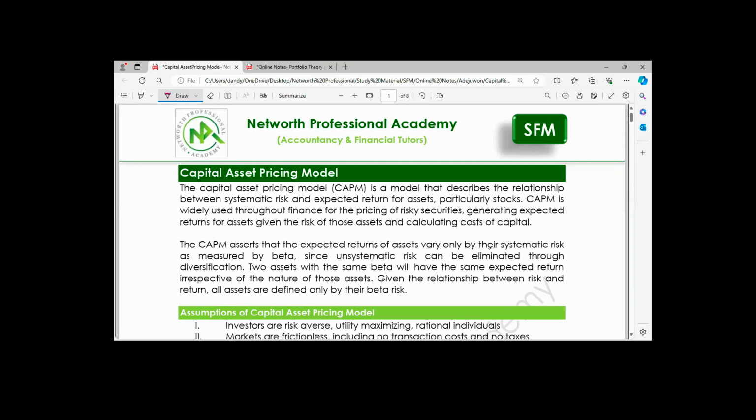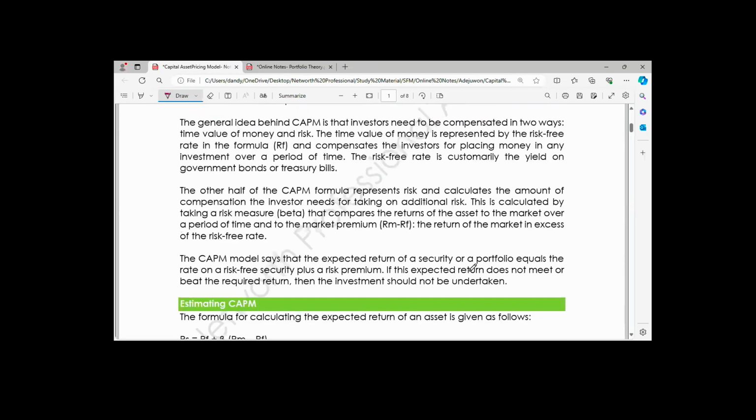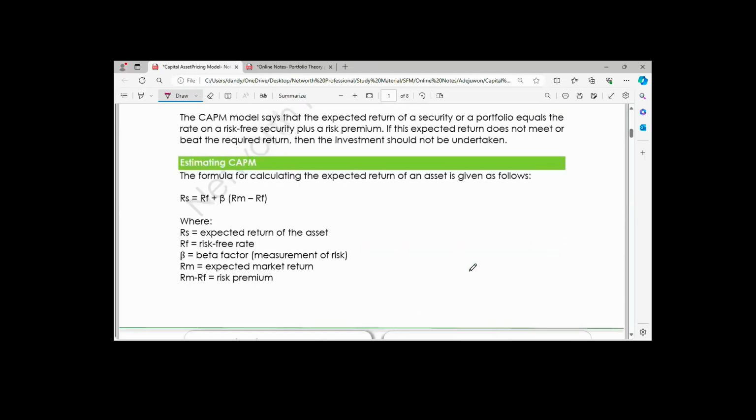How do you calculate the capital asset pricing model? You already know the formula because we have done it severally under cost of capital and project-specific cost of capital.